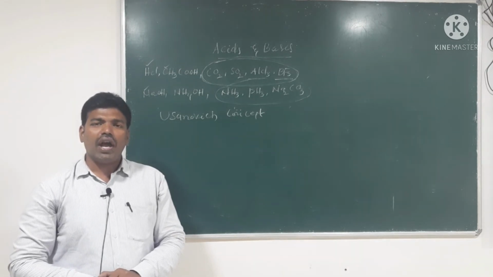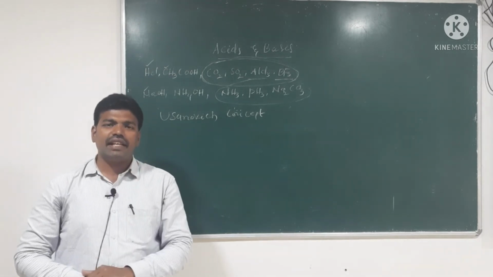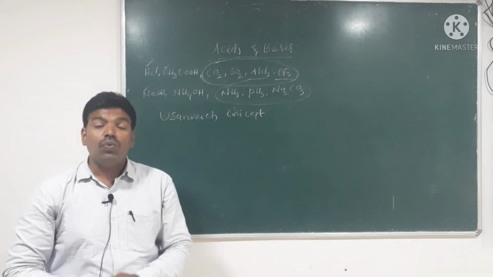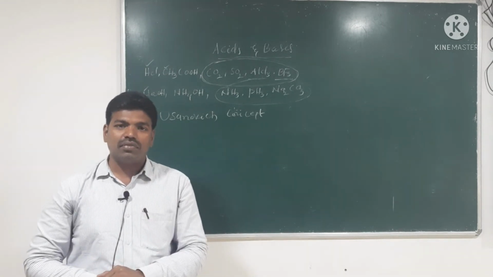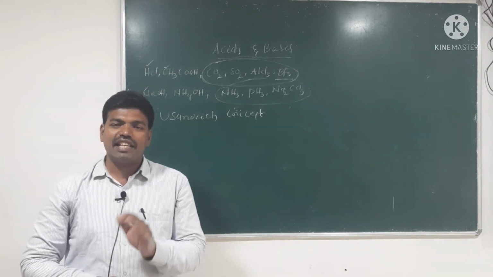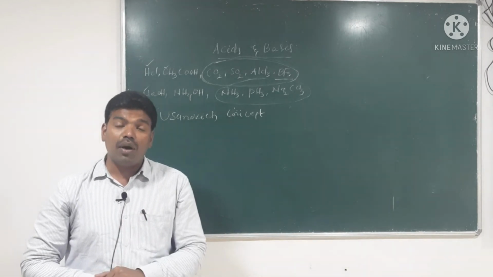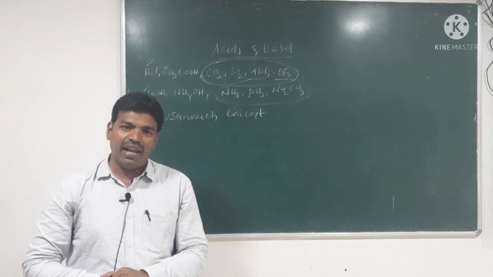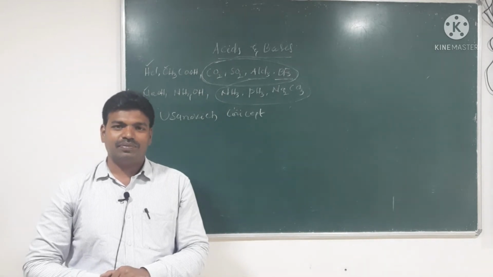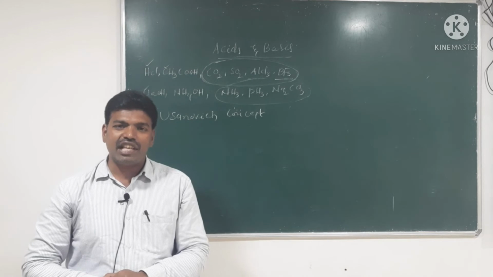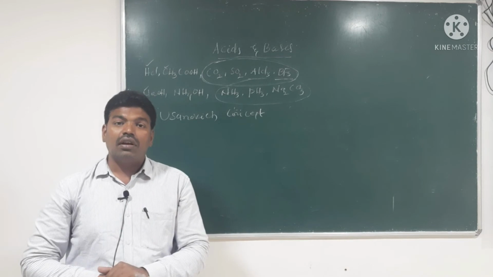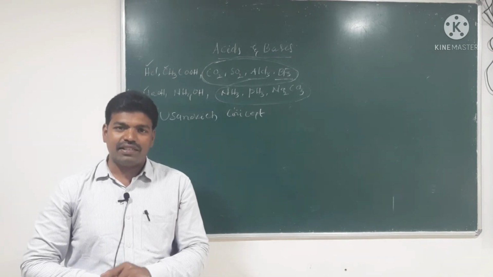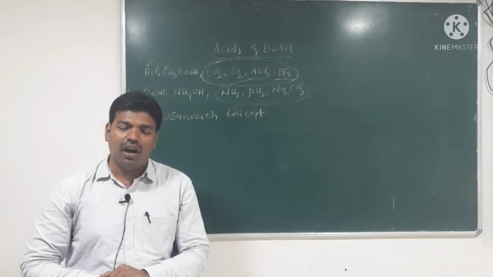Okay, so Usanovich acid is a chemical species which gives up cations, accepts anions or electrons. I repeat, Sanovich acid is a chemical species which gives up cations, accepts anions or electrons, and Sanovich base is a chemical species which gives up anions or electrons or combines with the cations.